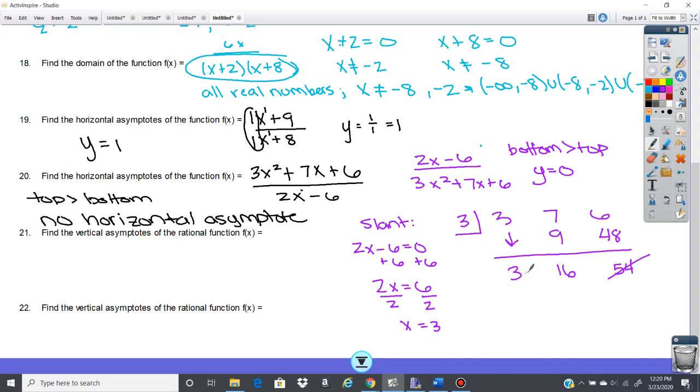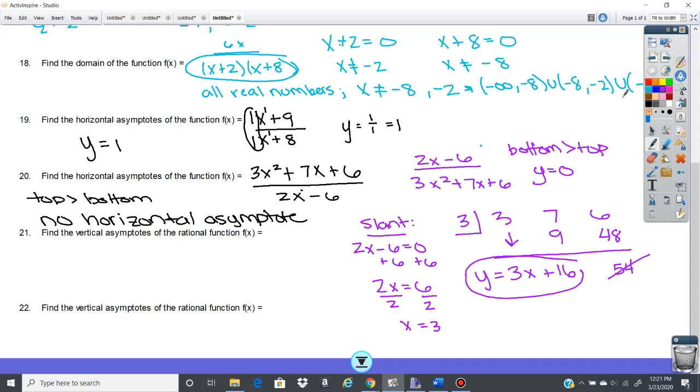So our slant asymptote is y equals 3x plus 16. And that's all you have to do for that slant there. So if it's not in the form x plus or minus something, just solve for x, and then divide by synthetic division.